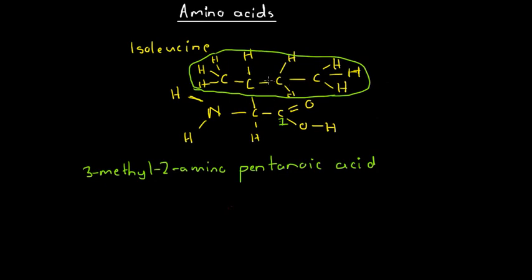Now, another example that we're going to do is another amino acid. We're going to look at cysteine. So this is the chemical structure of cysteine. So we've got, again, the stock standard stem that we have for all our amino acids, like this.